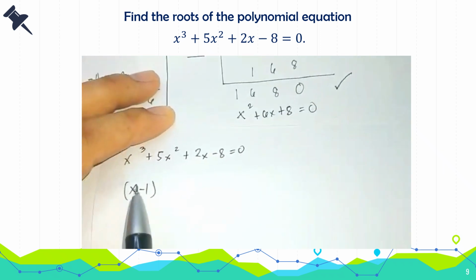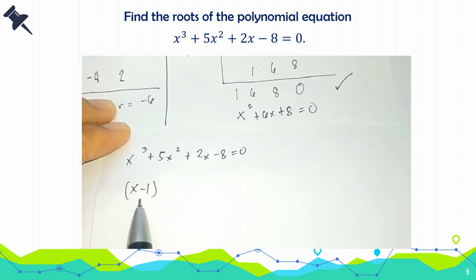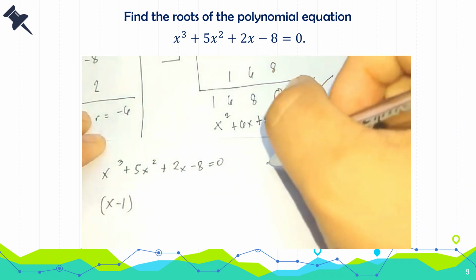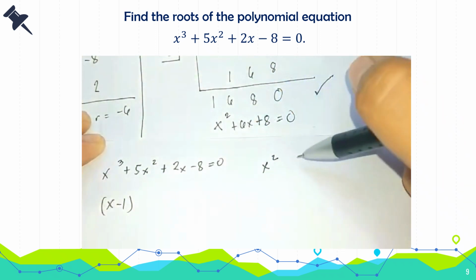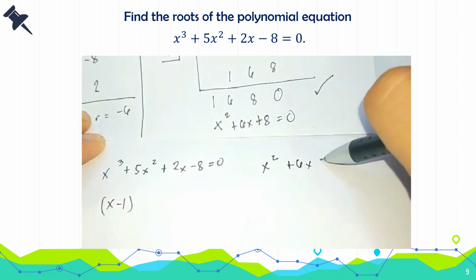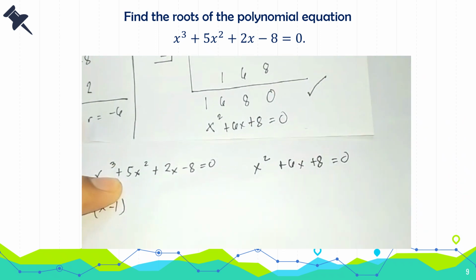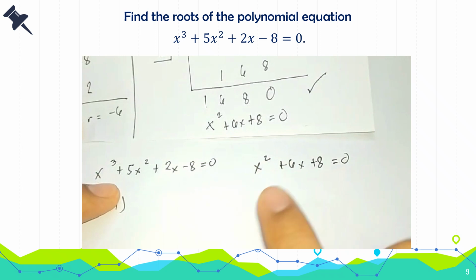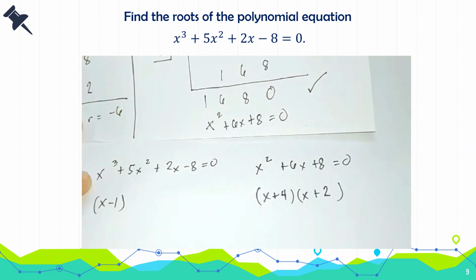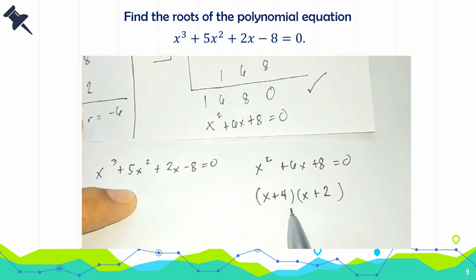So after factoring out the x minus 1 on this polynomial, we still have x squared plus 6x plus 8 as an equation. Let's factor out this one. This will lead us to the factors x plus 4 and x plus 2.